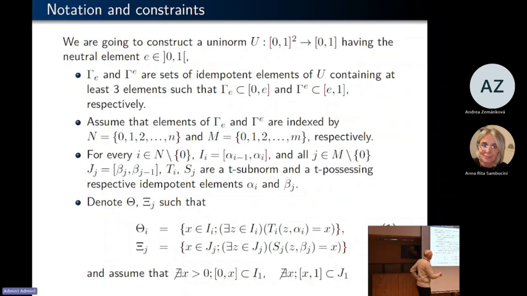And these are these intervals within this 0e interval. The idempotent elements are denoted by alpha, and in this interval e1, the idempotent elements are denoted by beta, and the indices go downwards.